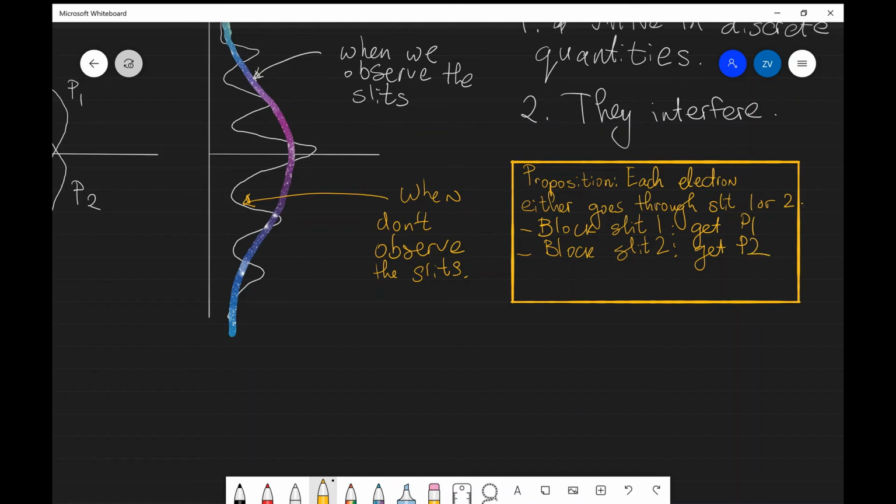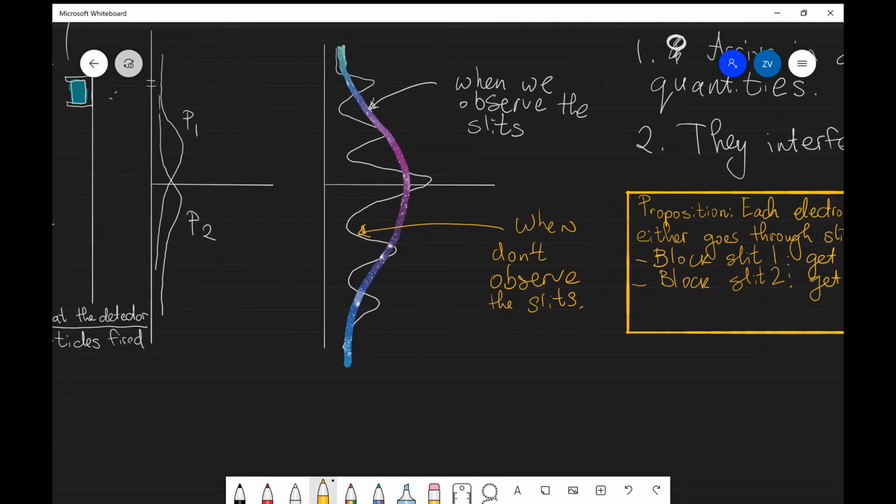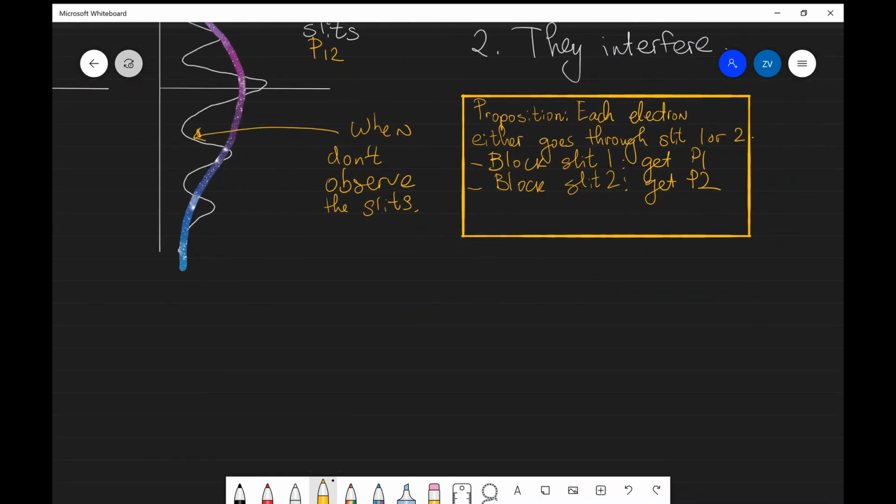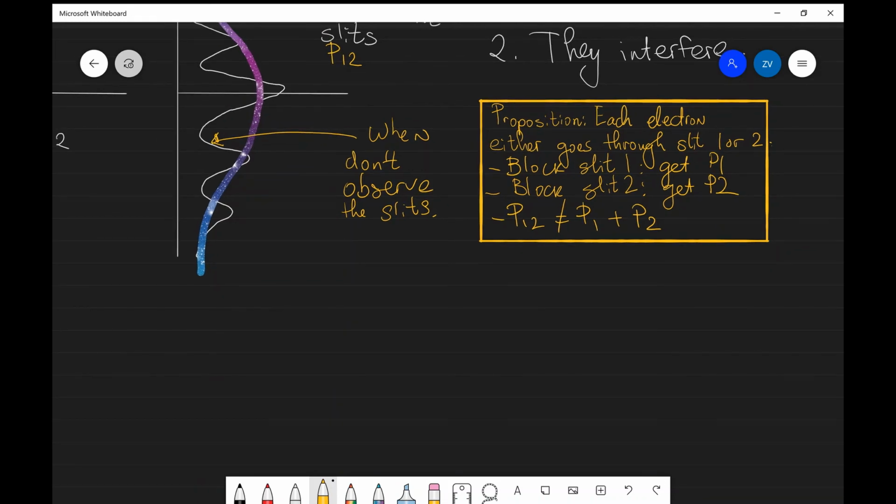However, the really interesting case is that this gray curve over here that we observe when we open both slits, that is P1,2, and this curve is not equal to P1 plus P2. So P1,2 is not equal to the probability of one of them being open plus the probability of the other one being open. So this proposition has got to be false.